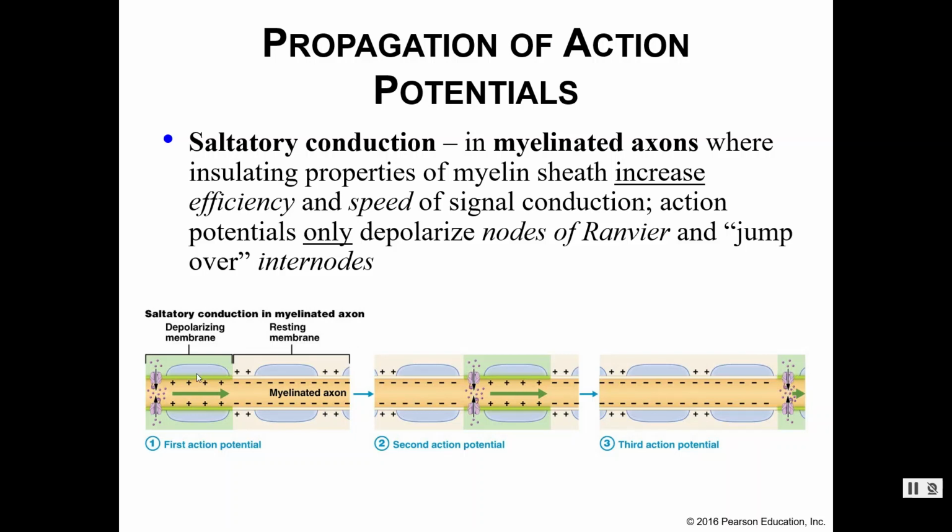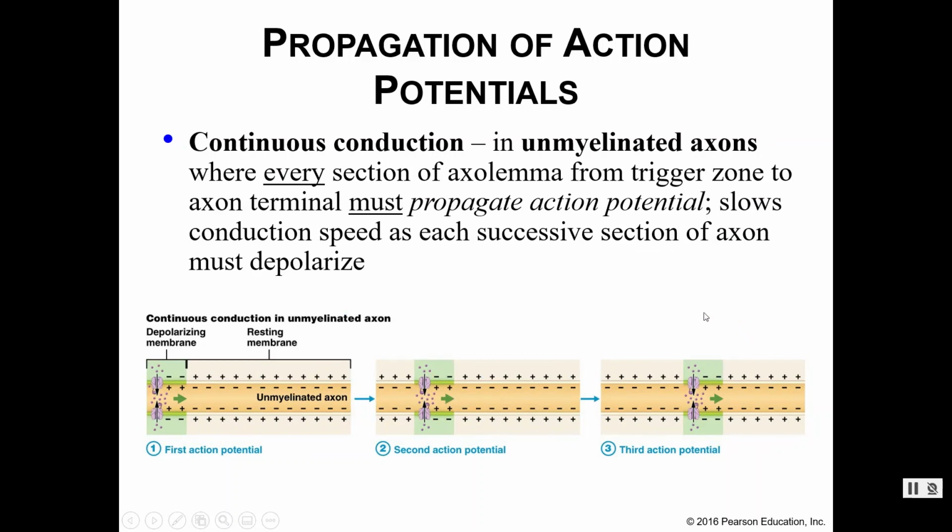So the change in membrane potential you see in the internodes makes its way to the next node, to the next node, to the next node. The internodes are just wide enough to where we receive the action potential from one node to the next.